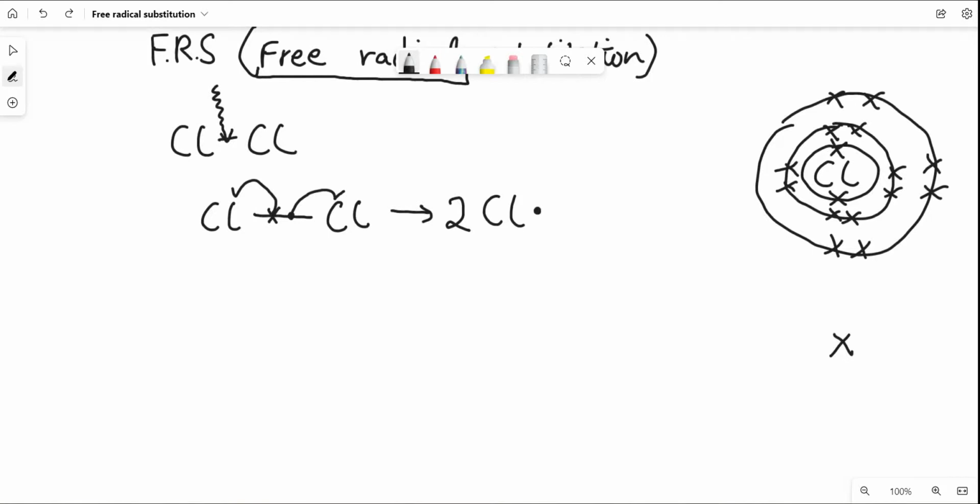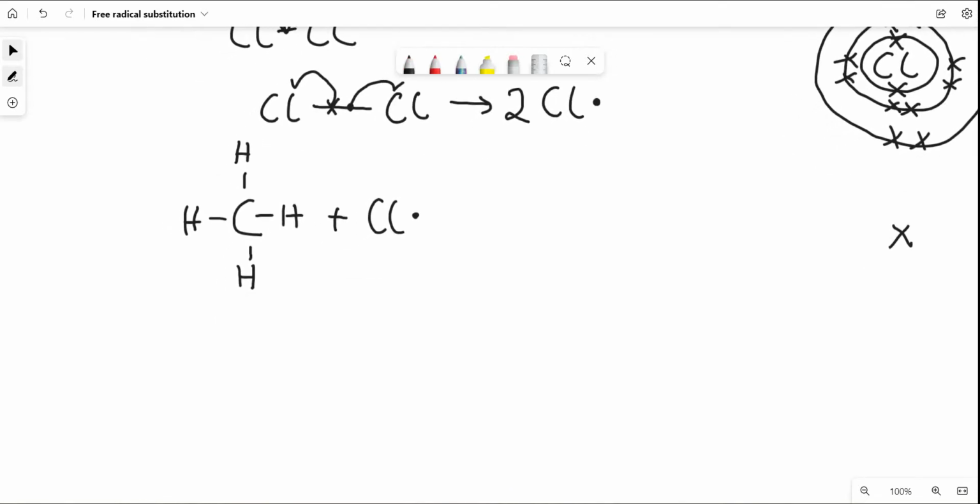And the second part of the term is substitution. And what that means is basically when you have an organic compound, let's say methane, for example, you have CH4. It meets one of these radicals. So let's say it meets one of these Cl radicals, chlorine radicals.